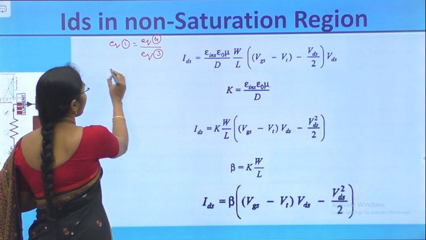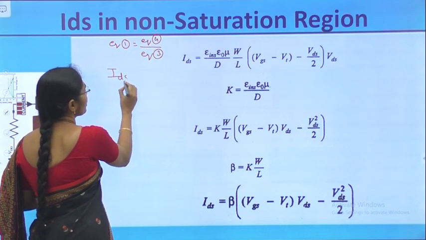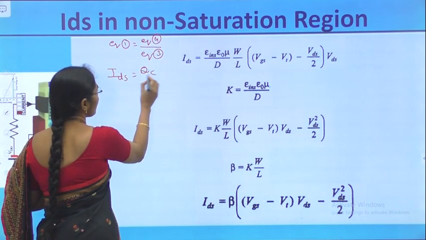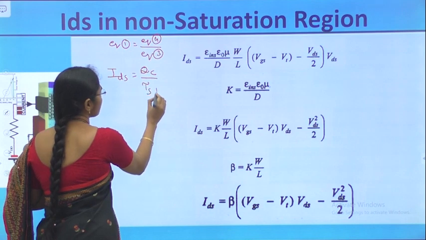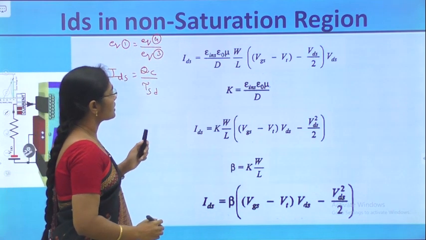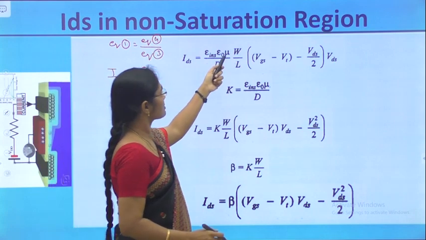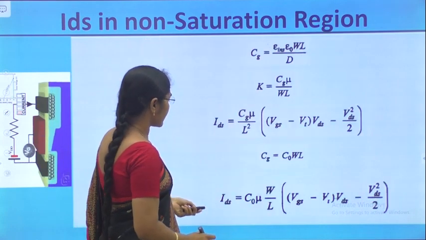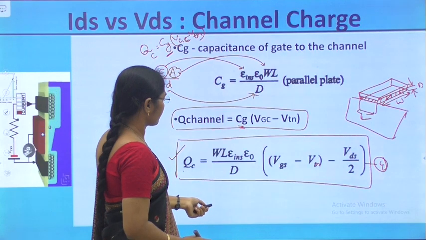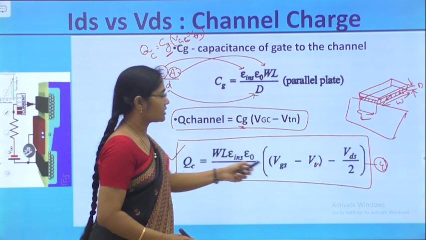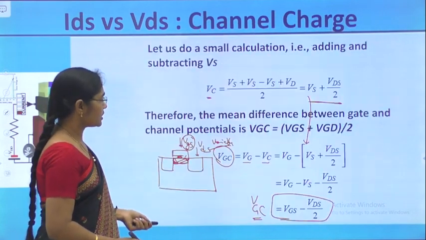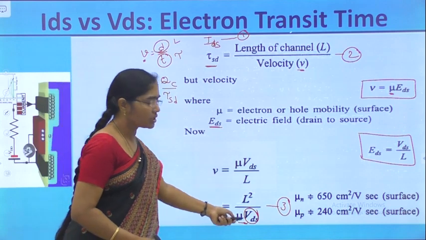That is, IDS is equal to QC by tau Sd. QC, already we have seen, is equal to epsilon naught epsilon insulator. In the previous slide we have seen QC is equal to this, and tau Sd is equal to L square by mu into Vds.